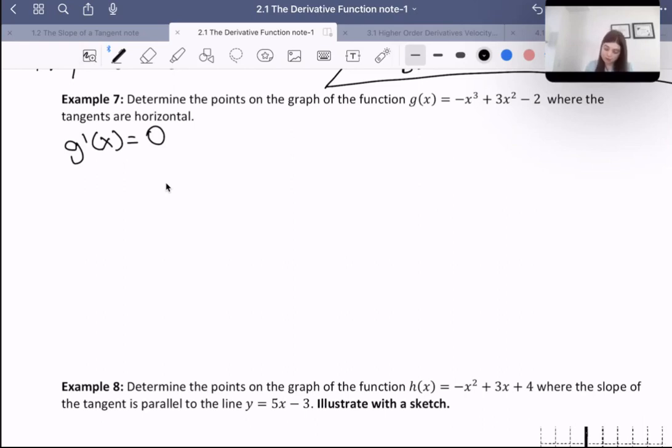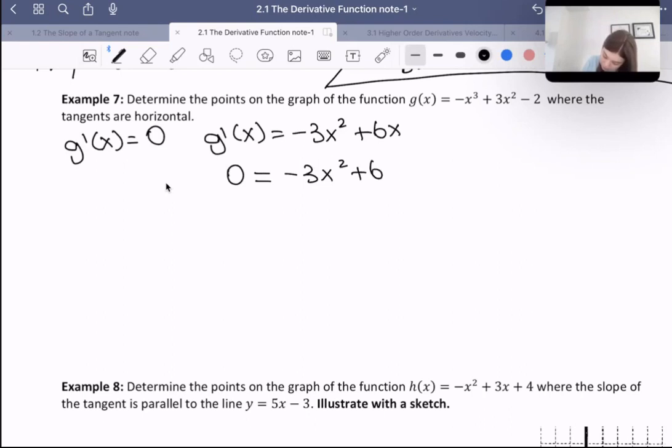So we know g prime of x is 0. What else is g prime of x? Well, if we use the power rule, we can find out it's also negative 3x squared plus 6x. And then, again, this is just a constant, so it just disappears. And so we can say, therefore 0 is equal to negative 3x squared plus 6x.